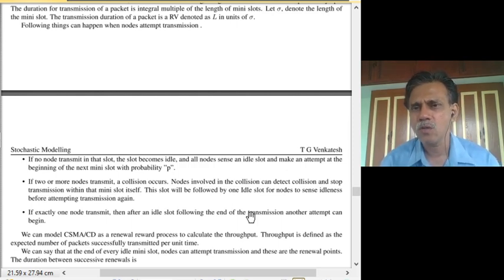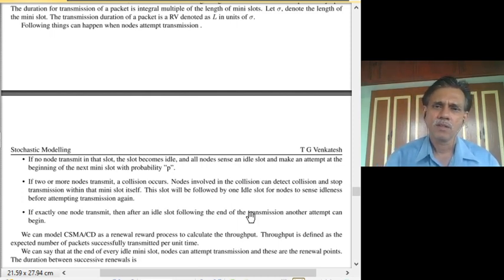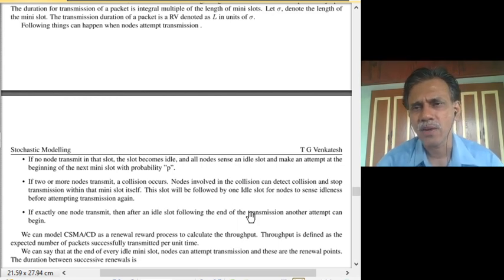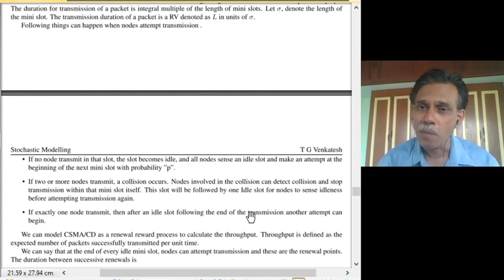There will be n nodes. Then you can find out the probability that one node transmits, two nodes transmit, and so on. For example, P is the probability of transmission. We can say nC1 P power 1 times (1 minus P) power n minus 1 is the probability with which just one node transmits. That will lead to success.